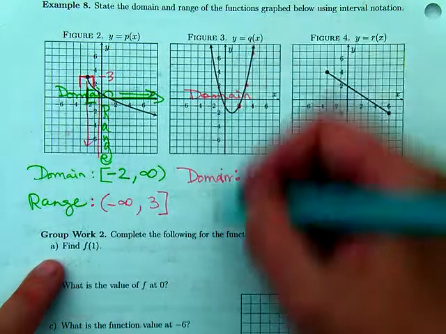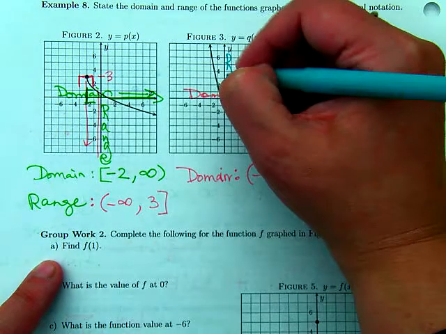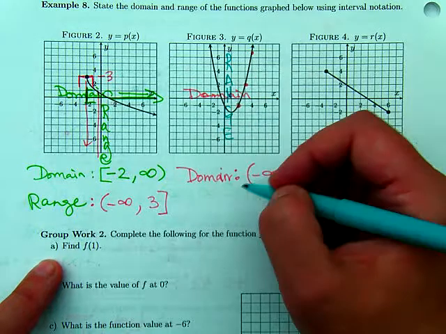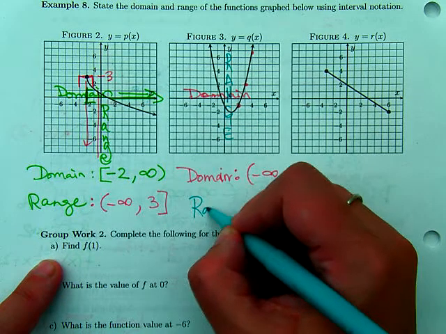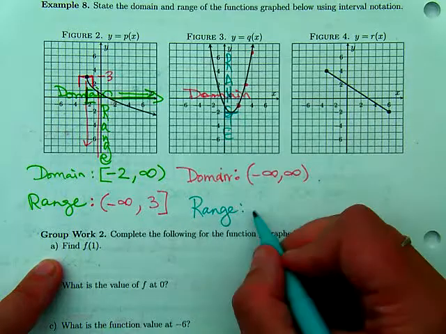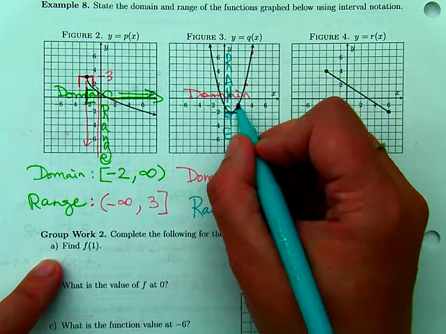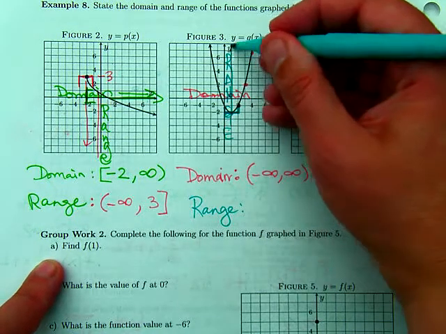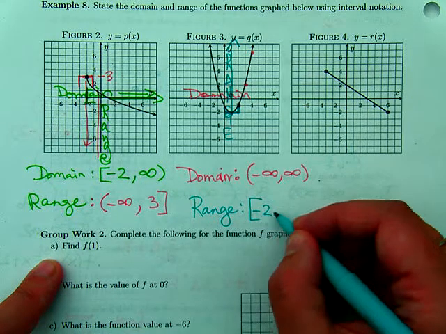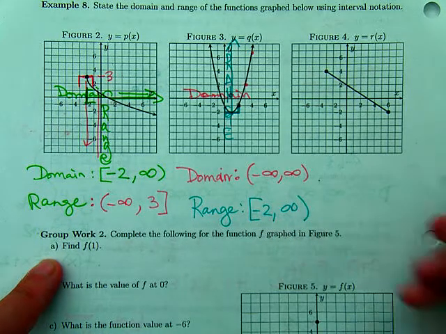Now the range is our y. So range is all along here. What's the smallest y value? -2. Is that number included here? And then this is going up to what? Where does it stop? -2 to infinity.